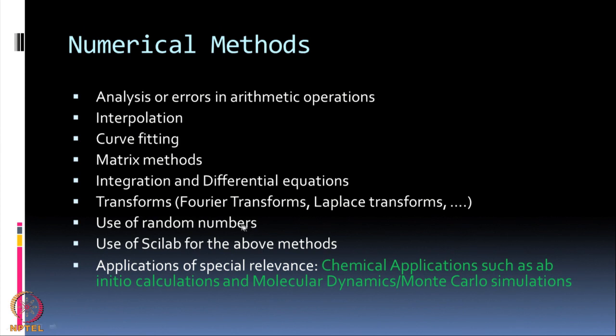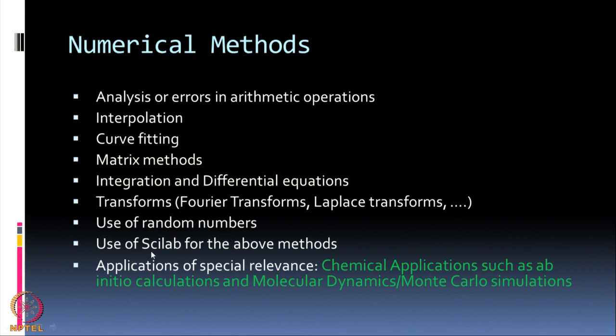Then most of the things that are mentioned here, we will try to use our programming skills to calculate, but often our programs, since we are all learning at the beginning, will not be as good as a professional program. So, there are many softwares, for example Scilab, that allow you to do all these operations in a very effective, accurate and fast manner.